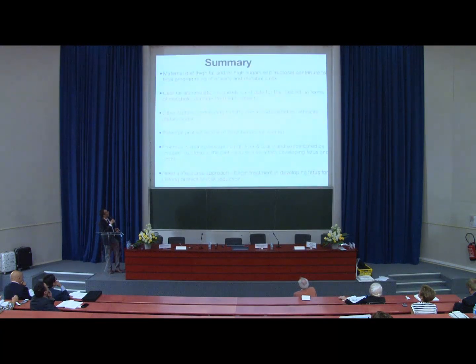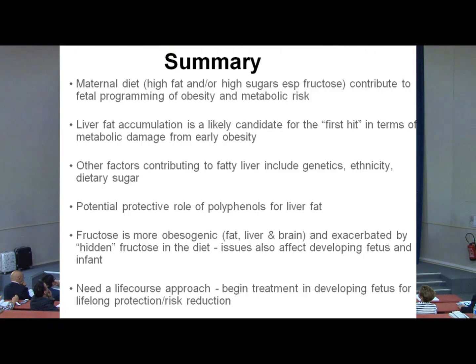So just to briefly summarize some of the take-home messages from the talk today, thank you for your attention. Maternal diet, especially high fat, which has been shown in animal models quite clearly, and also emerging data from high sugars and especially fructose, contributes to fetal programming of obesity and metabolic risk. Liver fat accumulation appears to be a very early hit in the progression of obesity and metabolic risk, starting very early in life, if not during fetal development.